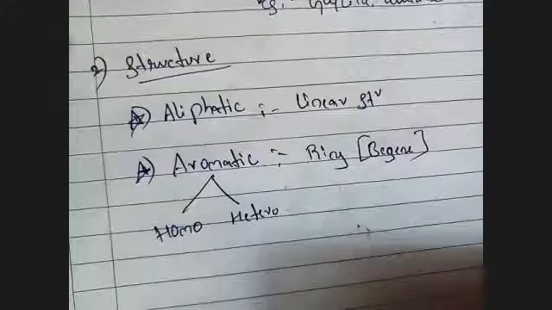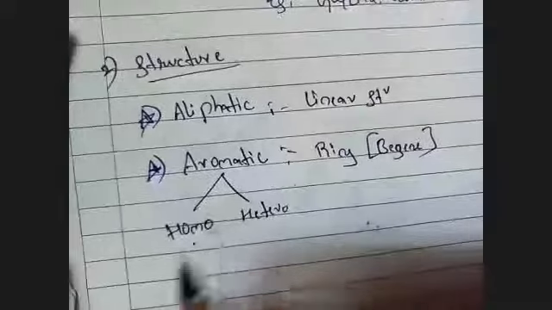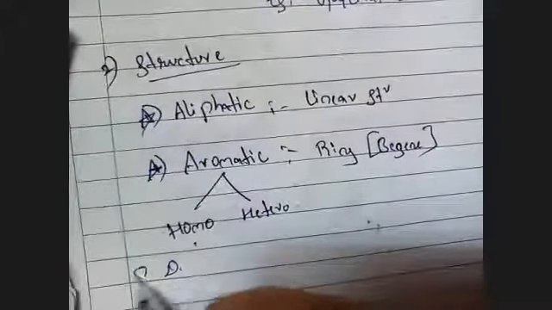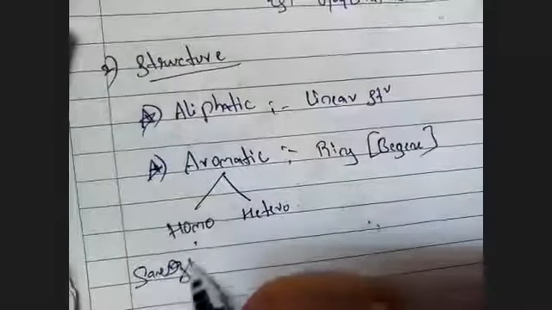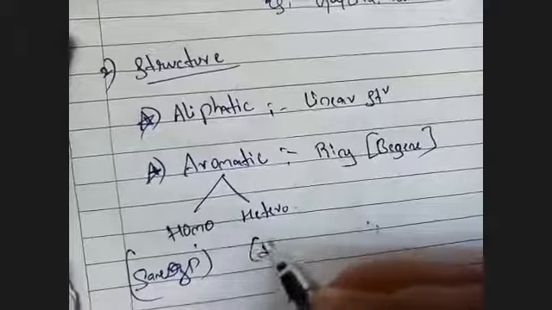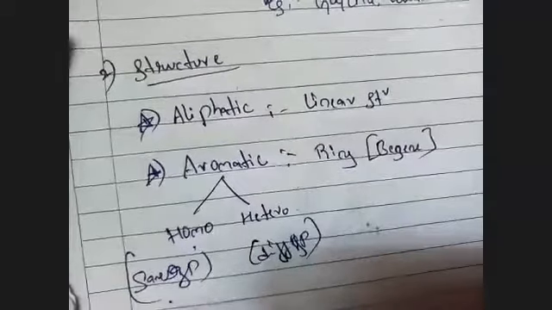Homocyclic and heterocyclic amino acid: homocyclic amino acid doesn't have a different group. Here the same group is called homo, and a different group is called hetero. What do you mean by same group and different group? I can write it and show you in the example.